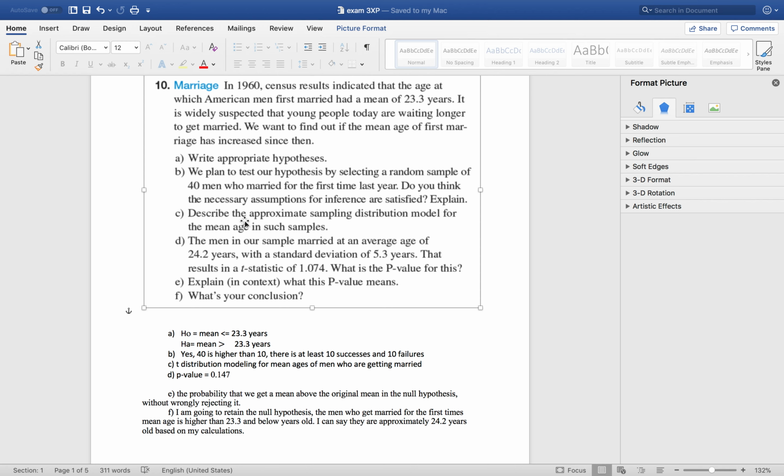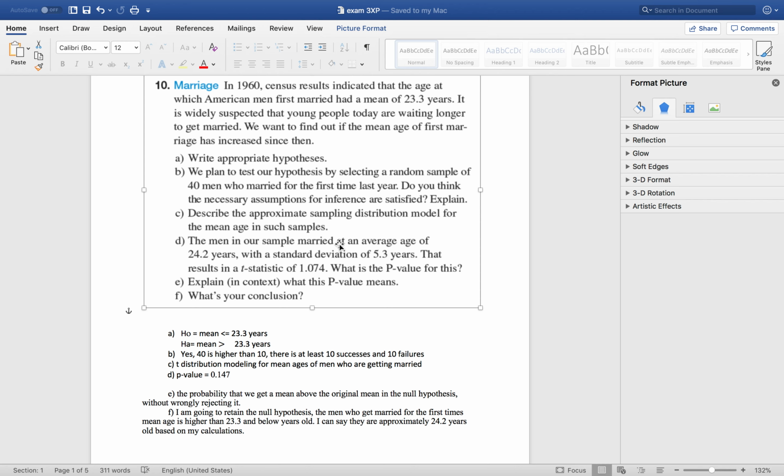So part B. We plan to test our hypothesis by selecting a random sample of 40 men who married for the first time last year. Do you think the necessary assumptions for inference are satisfied? Explain. For B, I said yes. We can use the success-failure condition, meaning there have to be at least 10 successes and at least 10 failures, and we have 40.